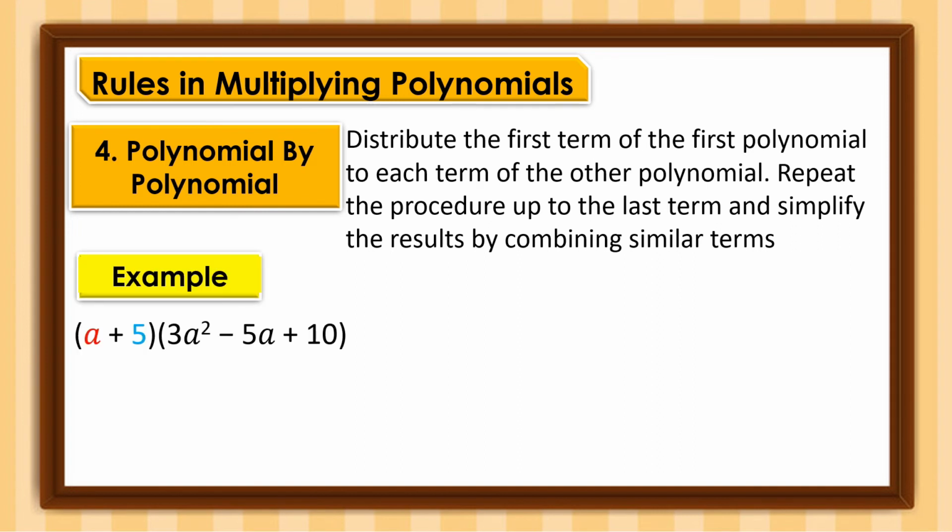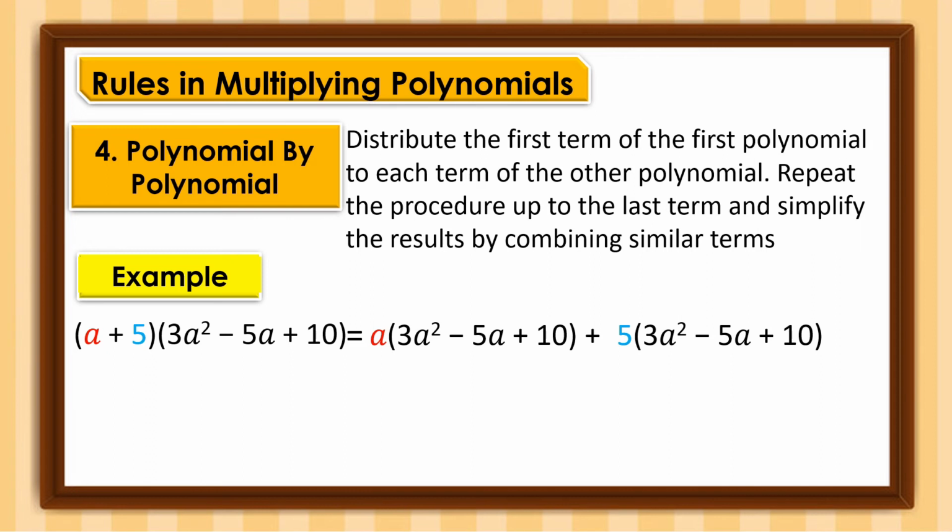So for example, the quantity a plus 5 multiplied by the quantity 3a squared minus 5a plus 10. That is equal to a times the quantity 3a squared minus 5a plus 10, and then plus 5 times the quantity 3a squared minus 5a plus 10.